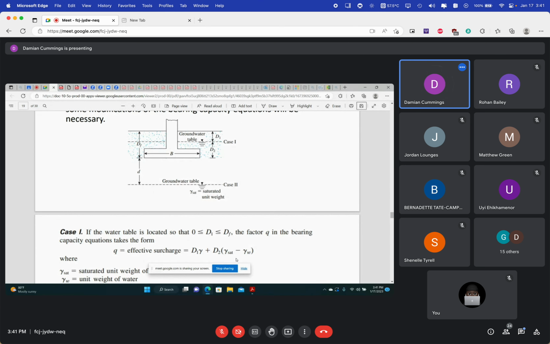Good? Right? That's Q in this case. It is not as straightforward as DF times gamma in this case. All right? So in the first instance, the gamma is the unit weight of the soil above the water table in this area, right? And the second term is the effective unit weight of the soil from the water table down to the bottom of the foundation.